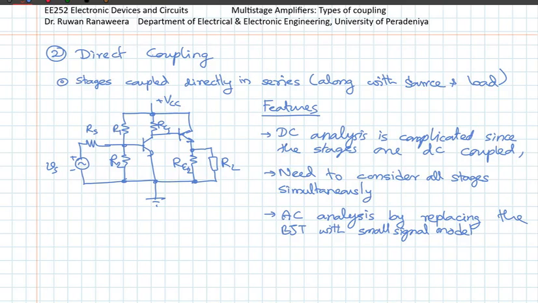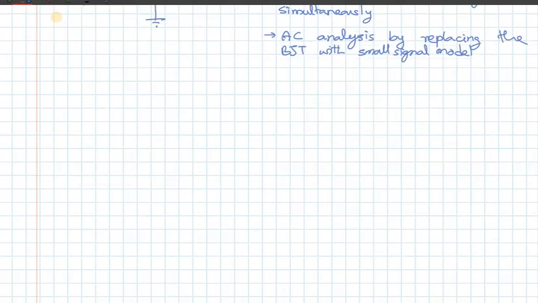Then we'll briefly look at the other two as well. So the third one we are going to talk about is impedance coupling, and as I mentioned before, these are used for high frequency applications. At high frequencies, inductors appear as open circuit, right? Very high frequencies, inductors appear as open circuit, and at low frequencies they appear as short circuits, the opposite of the capacitors.